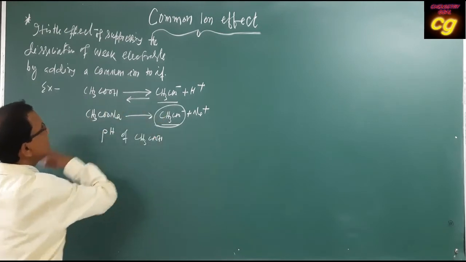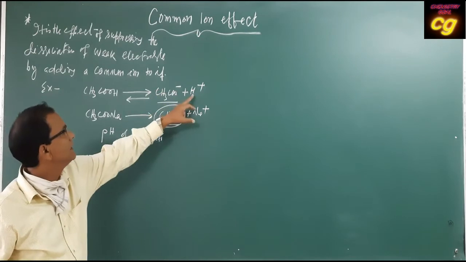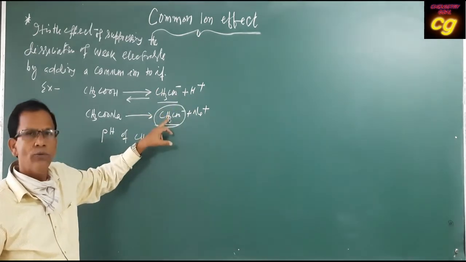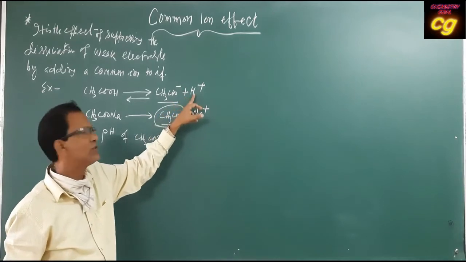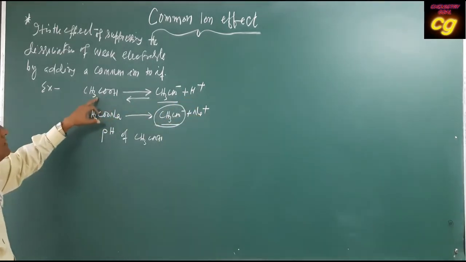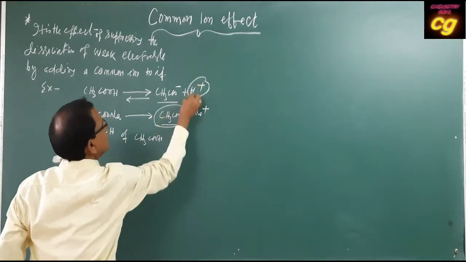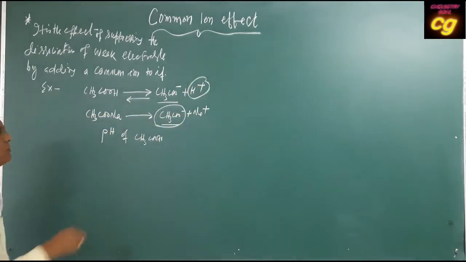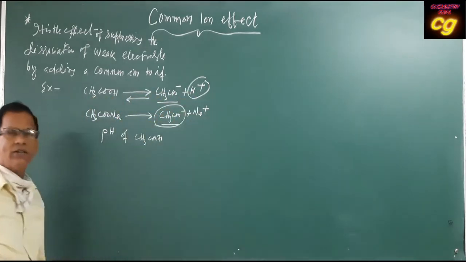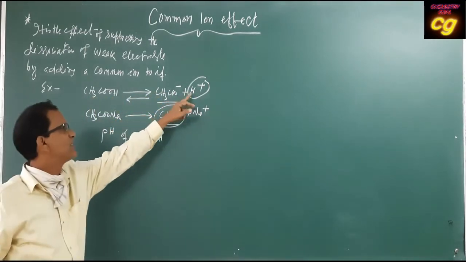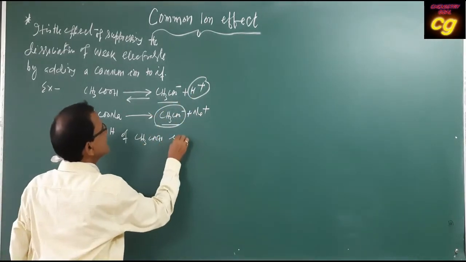As acetate ion is added, excess acetate ion combines with H+ ion, forming acetic acid again. When these two ions combine, forming acetic acid, the number of H+ ions in the solution decreases. If H+ ion decreases, pH of acetic acid increases.